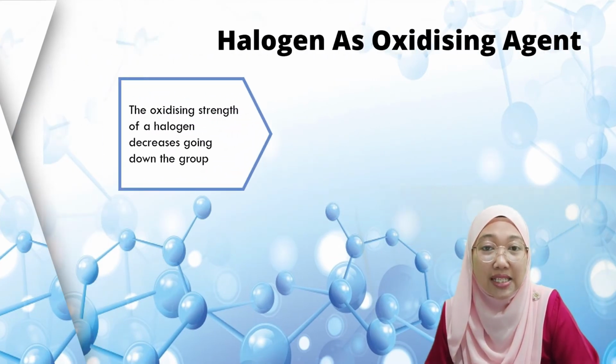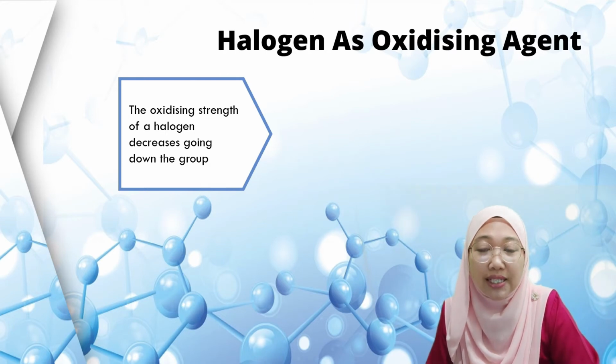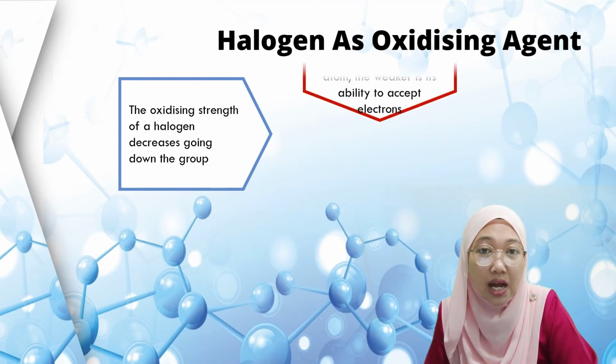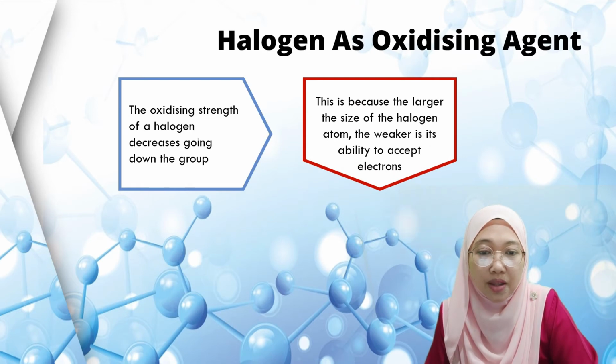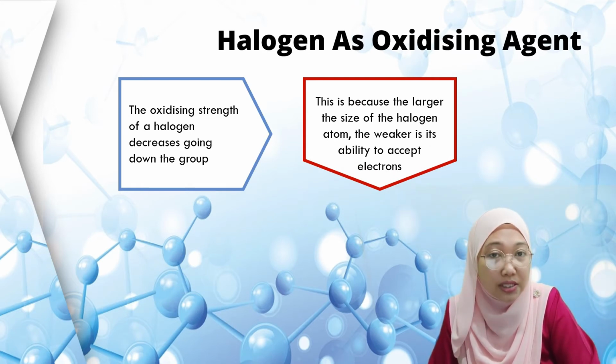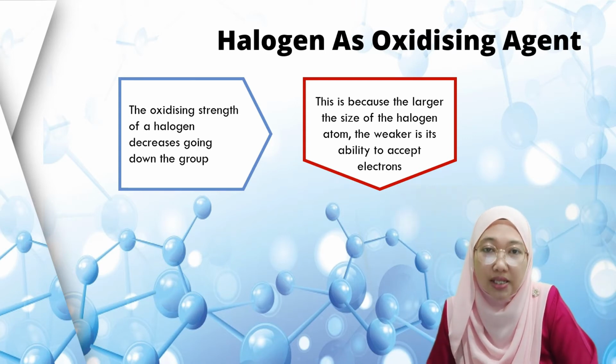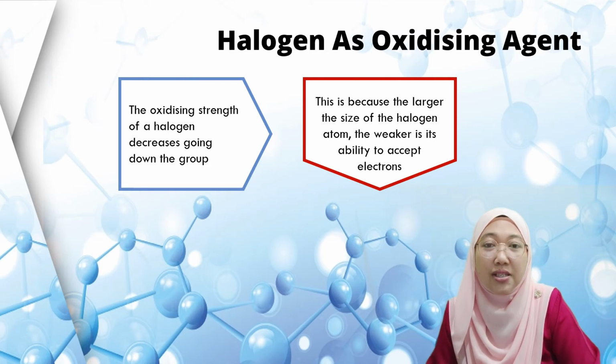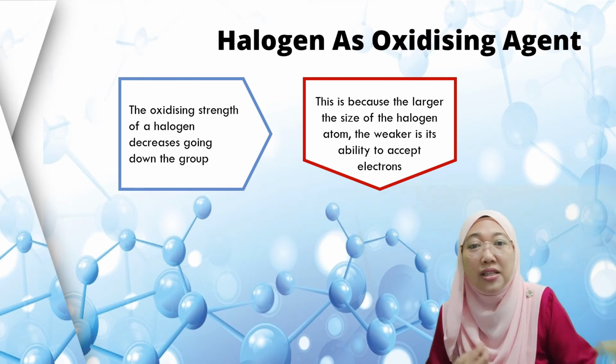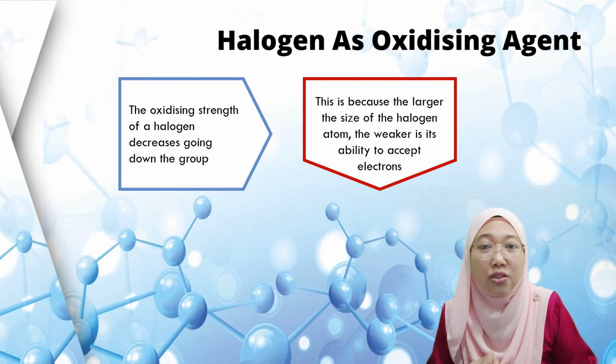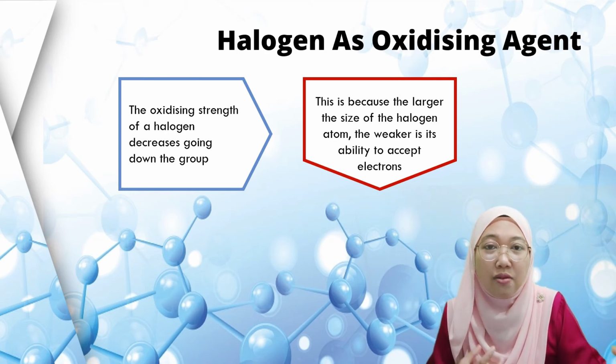Okay, the oxidizing strength of a halogen decreases going down the group. This is because the larger the size of the halogen atom, the weaker is its ability to accept electron. Okay, bila size semakin besar, so daya tarikan untuk menarik elektron masuk tu sangat lemah lah. Okay, weak.